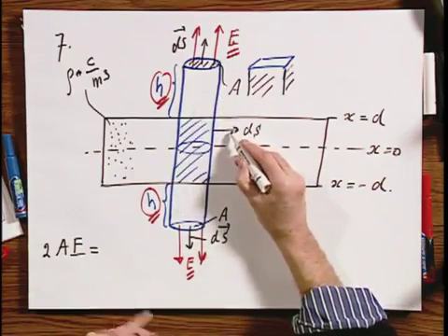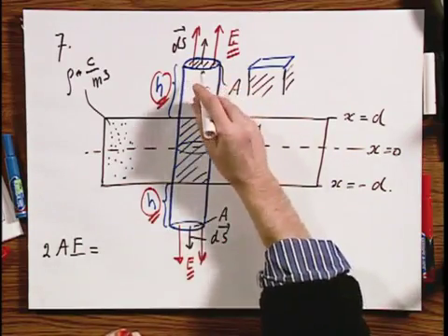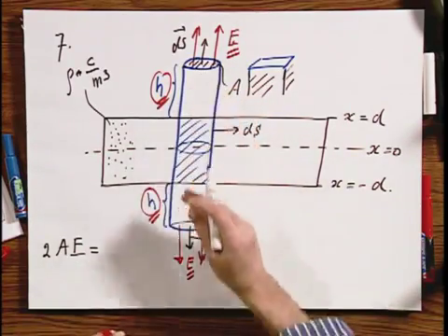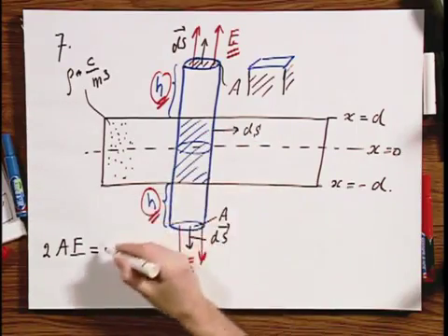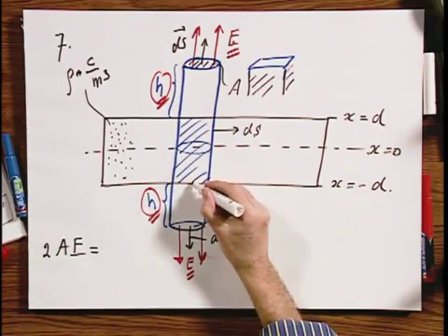The dot product would therefore be 0. So there is no electric flux coming out from the cylindrical sides, no contribution from the vertical parts of the box, only from the two end pieces. And so I can indeed now say this must be the total charge inside.